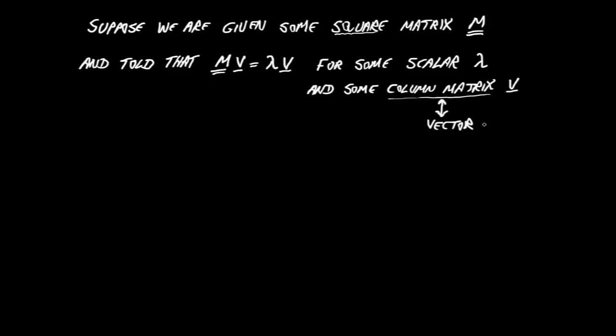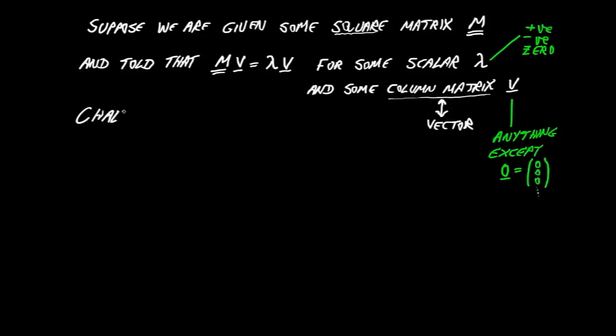I will just say vector from now on. Okay, so this scalar lambda could be positive, negative, or 0. Meanwhile, this vector V could be anything except the trivial boring case of just zeros. It's something other than that.